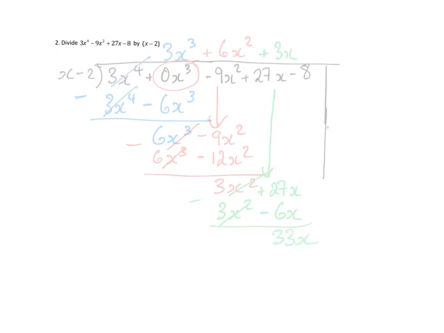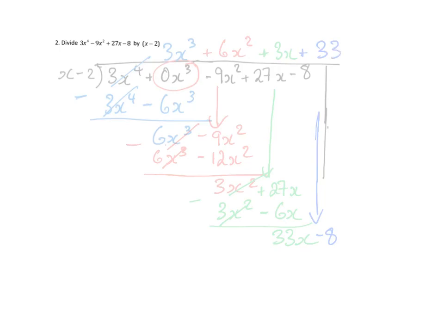All right, and then we're up to the last one here. Which we now have to bring down the minus 8. Okay, and we ask ourselves, x times what gives you 33x? And the answer is plus 33.